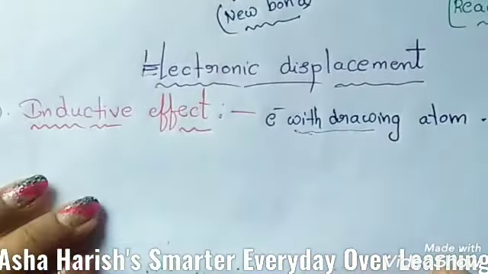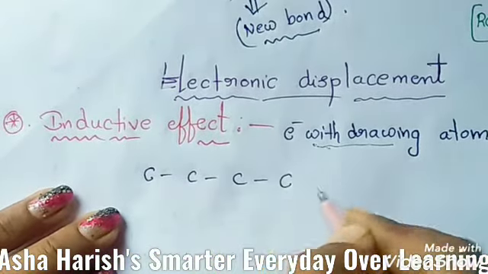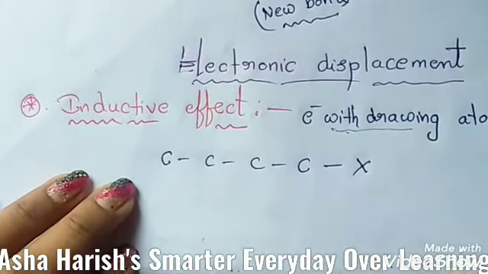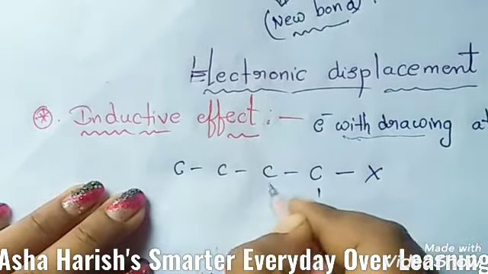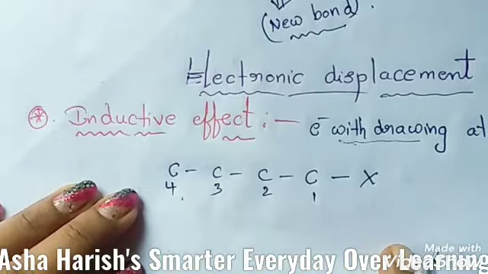For suppose, students, take the example of a carbon chain of 3 or 4 carbons, to which a halogen group or a nitro group is attached. This is the first carbon, second carbon, third carbon, fourth carbon. So this is the carbon chain.